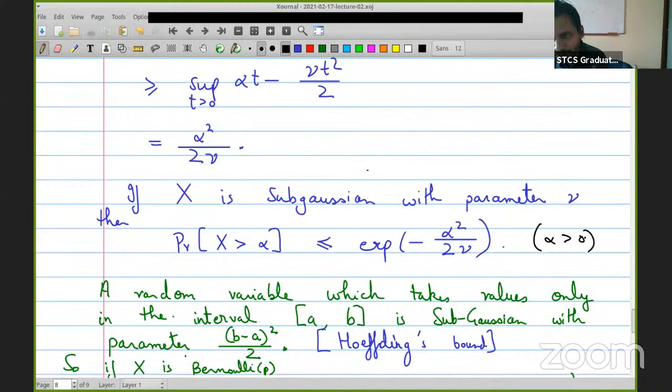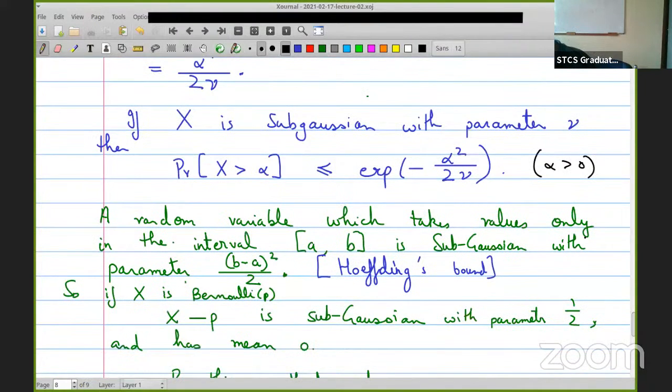If X is sub-Gaussian, minus X is also sub-Gaussian, and therefore it's easy to show the bounds on the other side. So we get that the probability that X is bigger than α is less than the exponential of minus α² over 2ν. The point is it goes like a square in the deviation and 1 over the sub-Gaussian parameter. That's the important thing to keep in mind. So it's the square of the deviation. That's like the Gaussian.